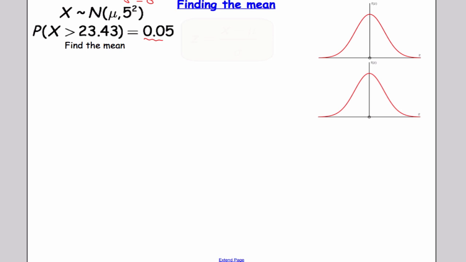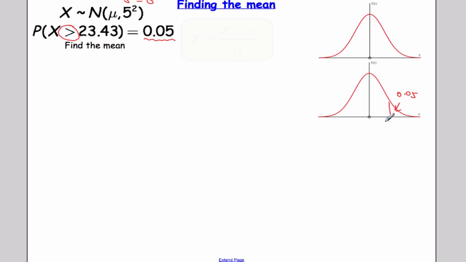Because this probability is so small and we're talking about a variable being greater than 23.43, I'm looking to the right side of the curve, and this section in here is worth 0.05, remembering that both sides of the normal are equal to 0.5 in total.